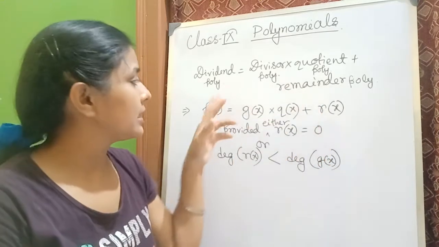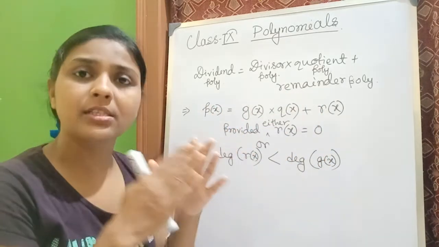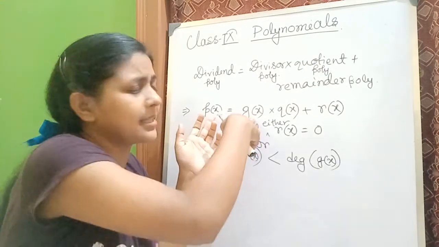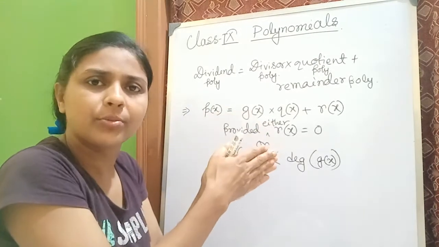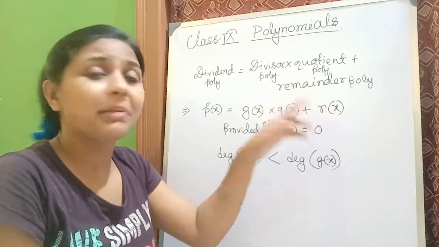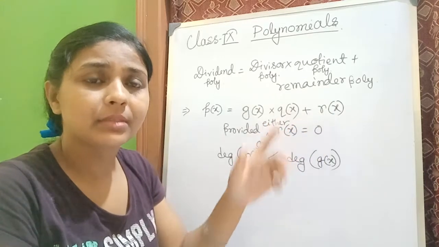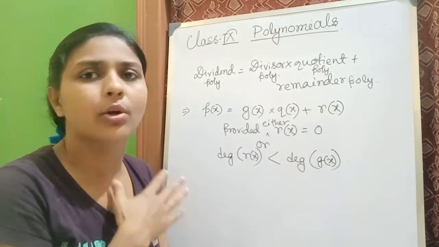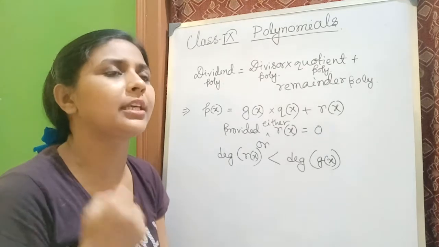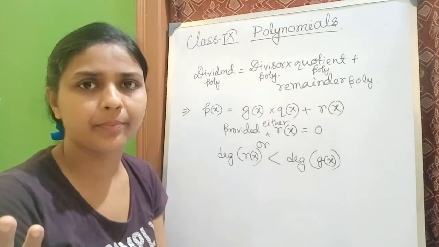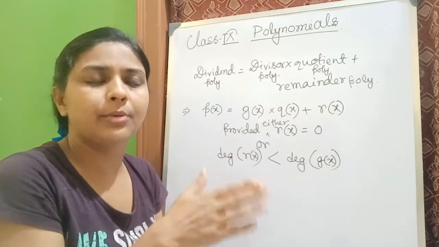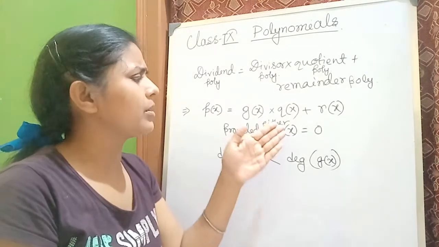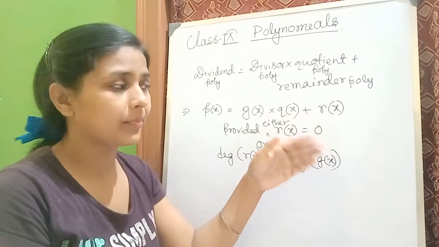The dividend polynomial can be exactly divisible by the divisor polynomial, then the remainder can be 0, like multiples. Already we have done it for many numbers, like 3 and 24. If you divide 24 by 3, you will get remainder 0. So here also the remainder can be 0.